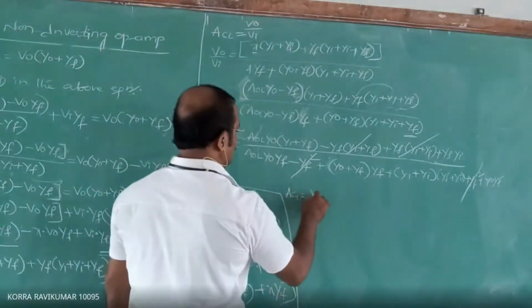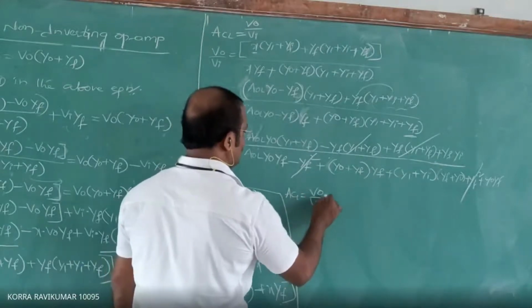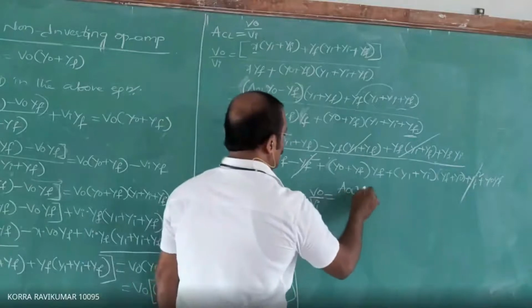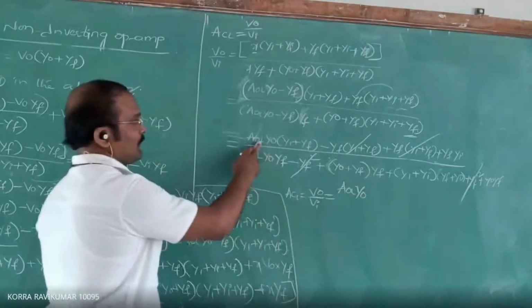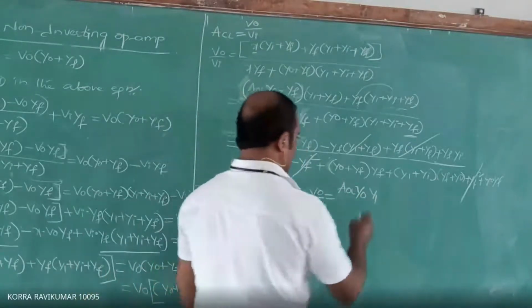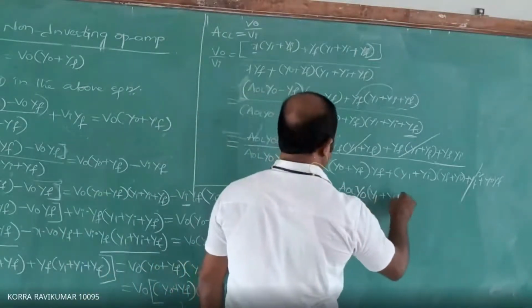ACL equals V naught by Vi, which equals AOL into Y naught into (Y1 plus YF).